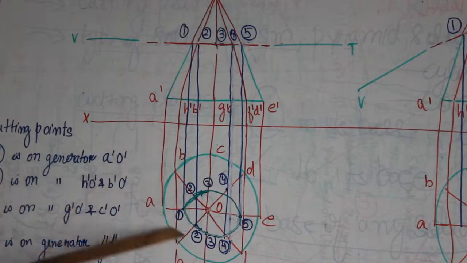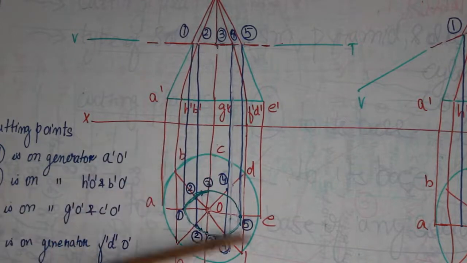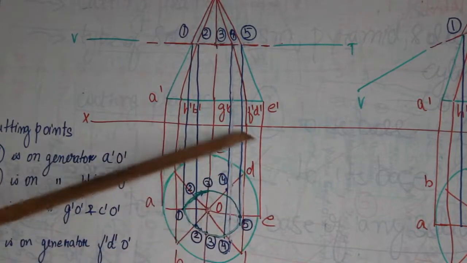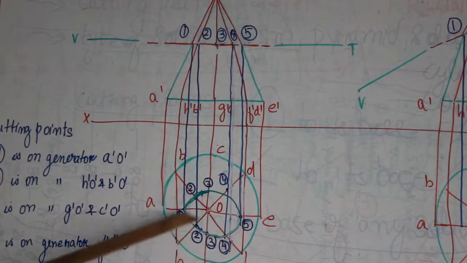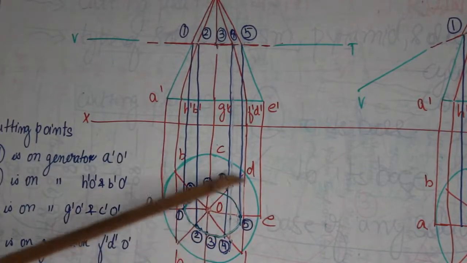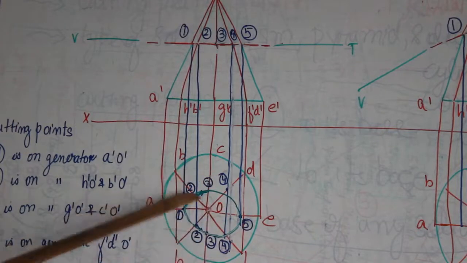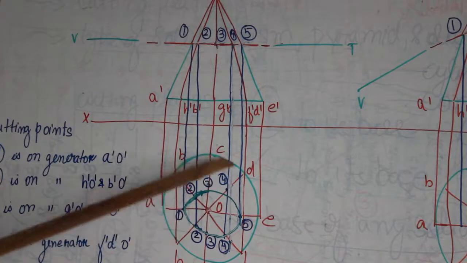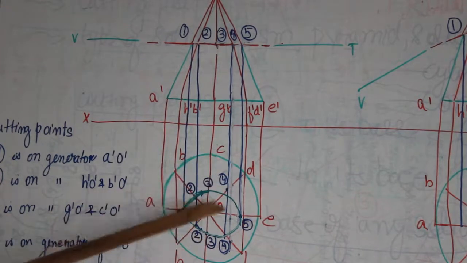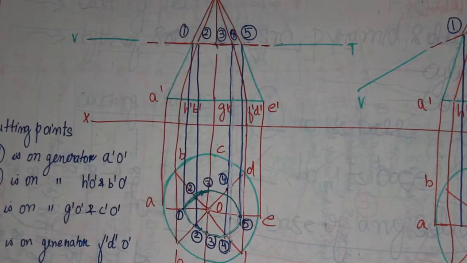Now you can see two dark boundaries. The outer circle is the base of the cone, and the points marked 1, 2, 3, 4, 5 are the cutting points, and this has created a circular or elliptical section on the cone.